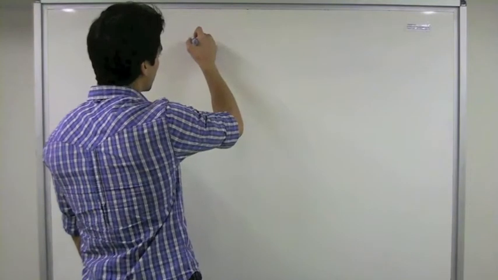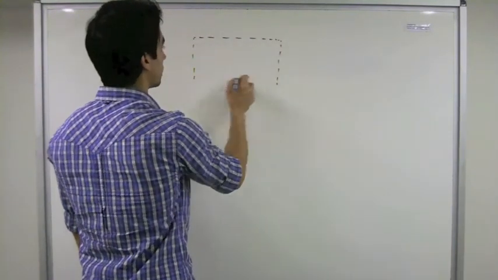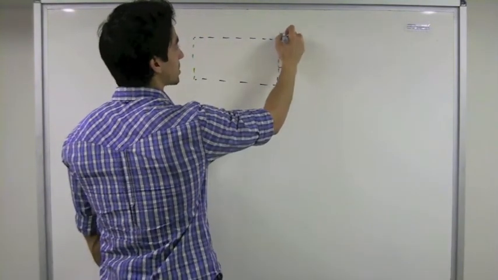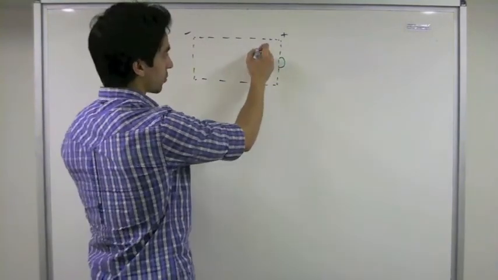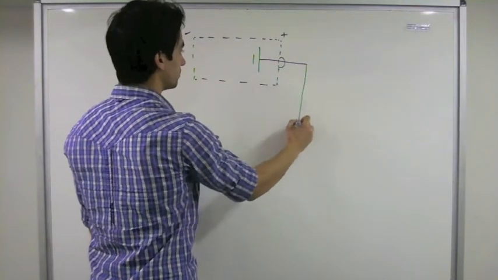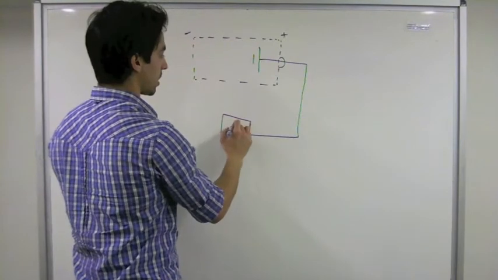Now, let's say this here is a commercially available cell or battery. This is the positive terminal, this is the negative terminal. This battery is providing EMF to a circuit. Let's say there's a resistance R over here.